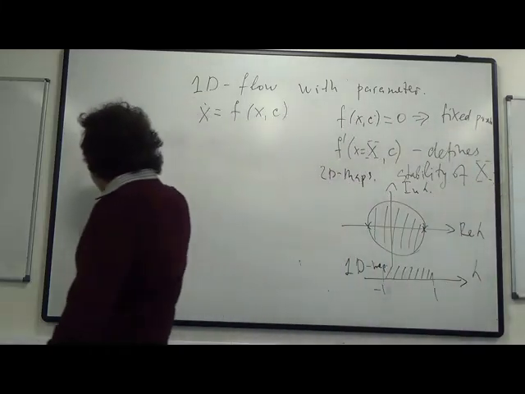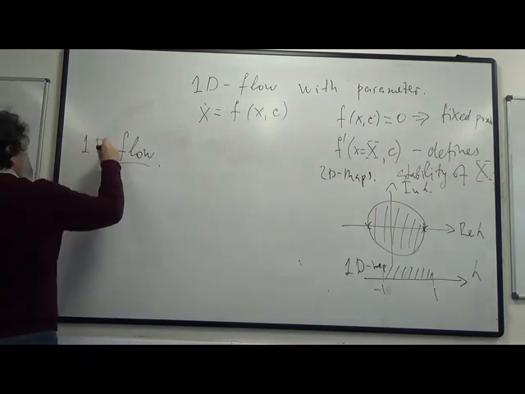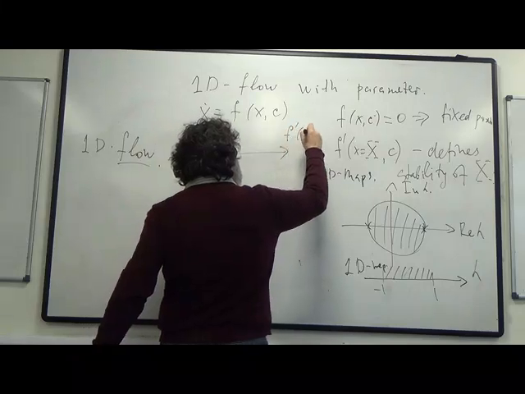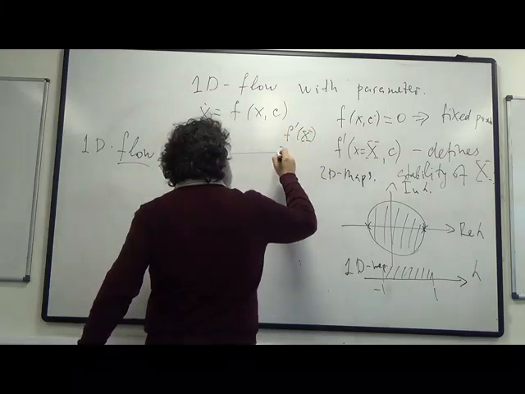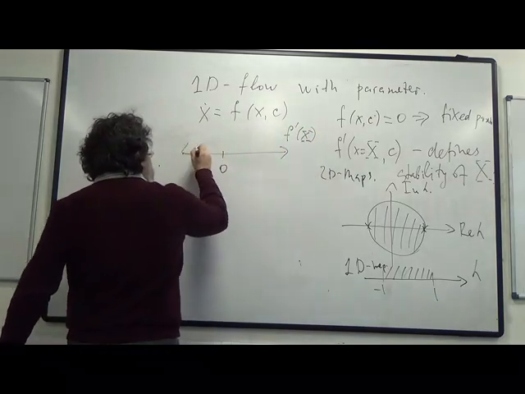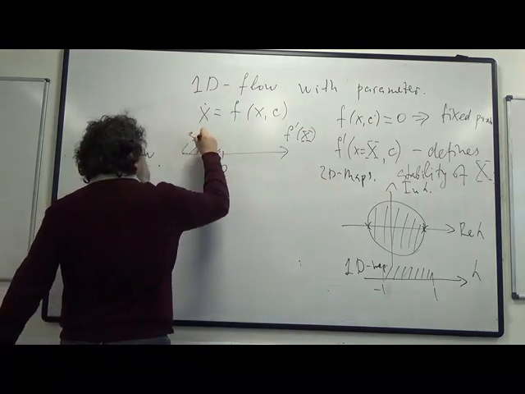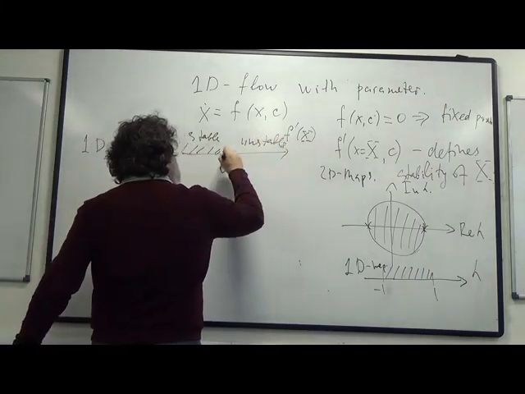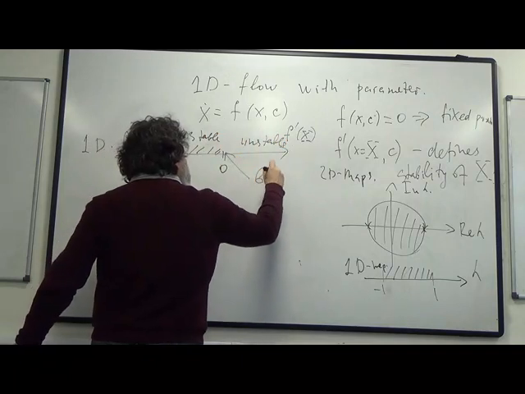And for 1D flow, we consider the derivative of x. So this is 0. Here it is stable, here it is unstable, and here you have bifurcations.